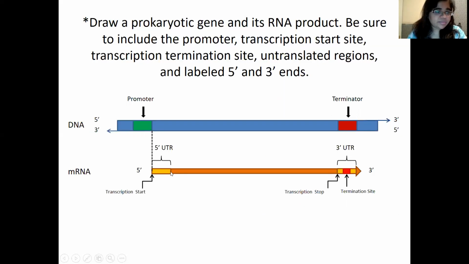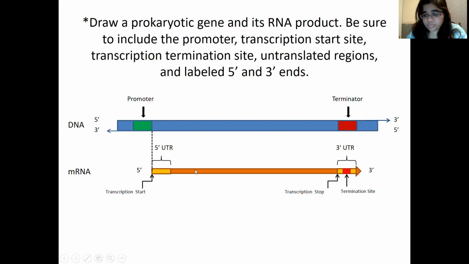Oh, sorry about that. I will change this in the PowerPoint, but this line here is supposed to be meeting the promoter here, okay? I will fix this in the PowerPoint when I upload it.